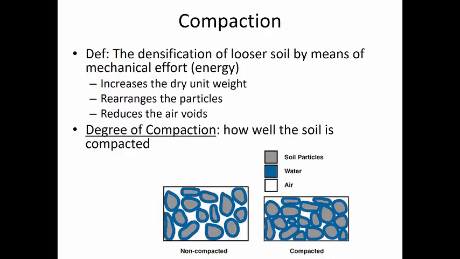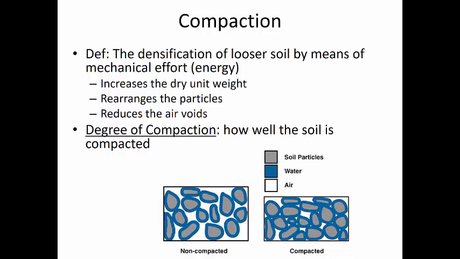Because the water and the soil particles are considered to be incompressible, the only difference can be that the void space is reduced, and so the air must be escaping. Sometimes water will escape as well, especially near the surface when it can be evaporated. But the image at the bottom of the screen shows a looser soil on the left.